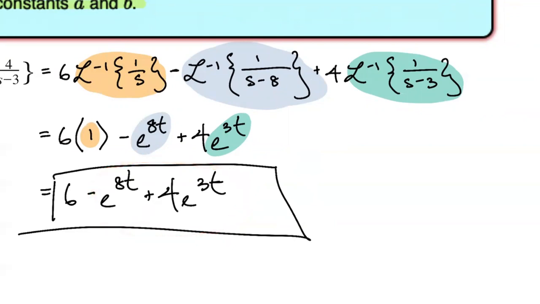But it'd have to be like e to the t to the 8th plus e to the t to the 3rd. Yeah, that could be one way, but I think what I was looking for is if that addition changes to a multiplication. Right? That's really when we're looking to combine those exponents.